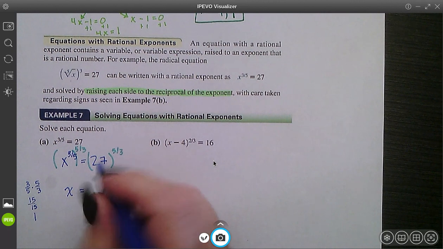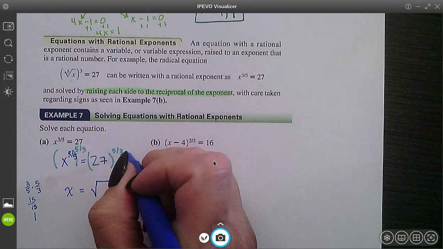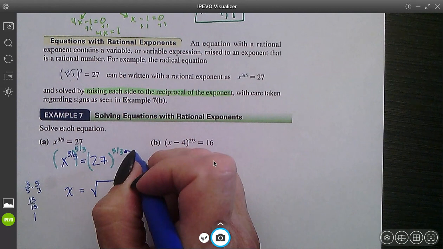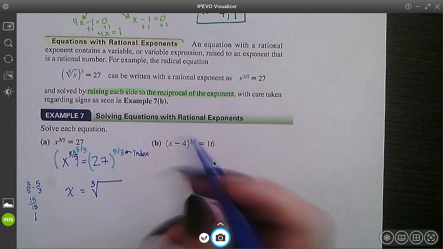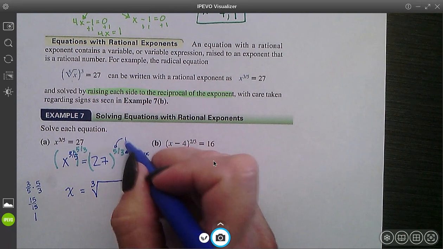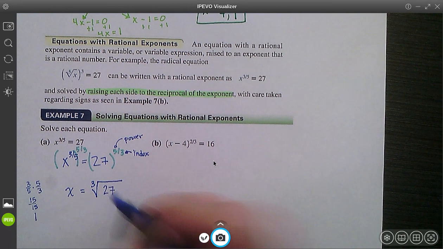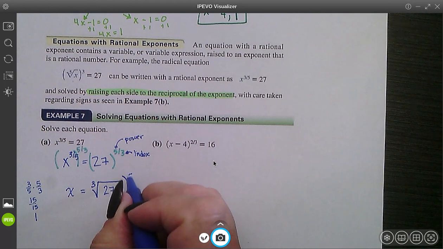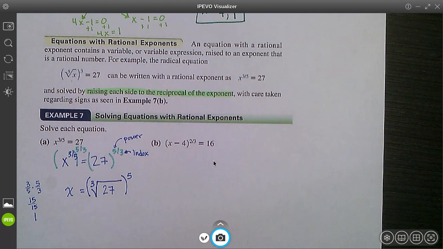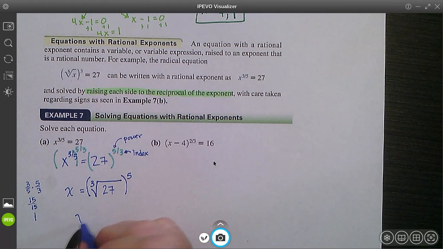The best way to handle that is to rewrite it in its radical form, which means that the denominator is the index of the radical, and the numerator is the power. So I'll put my 27 inside that radical. The index is 3 and the power is 5. I have to simplify that cube root of 27.